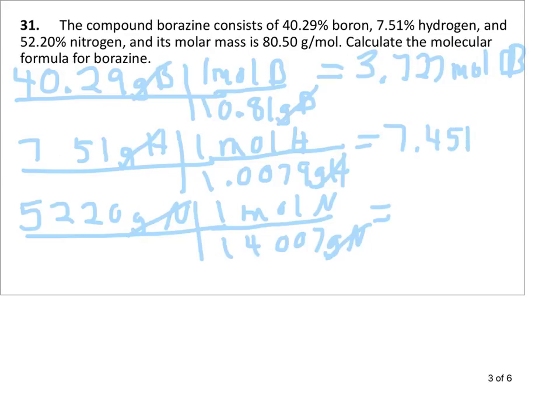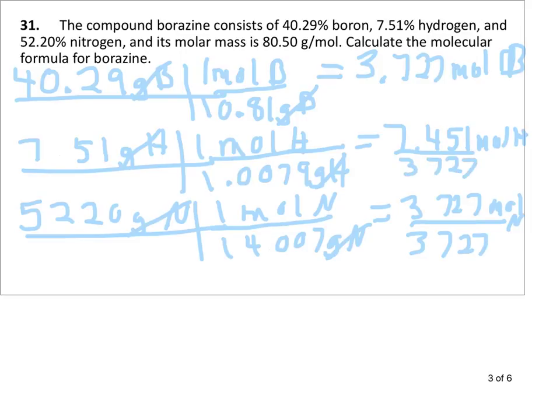7.451 moles of hydrogen, and 3.727 moles of nitrogen. And as we've been doing, we'll go back and divide by the smallest one, 3.727.